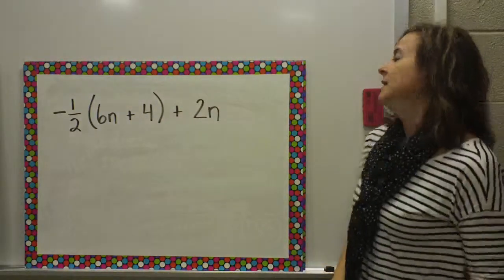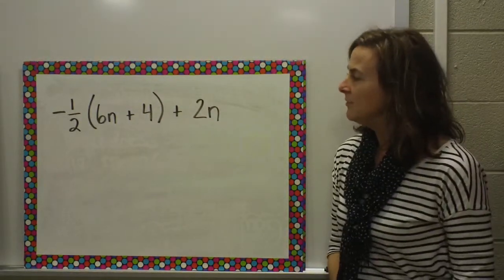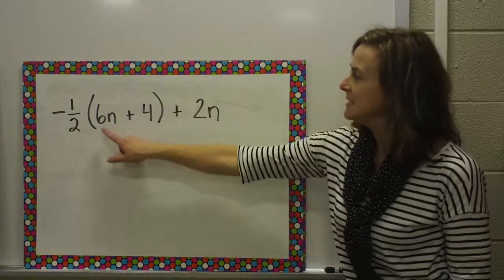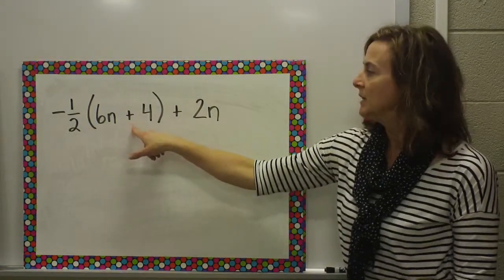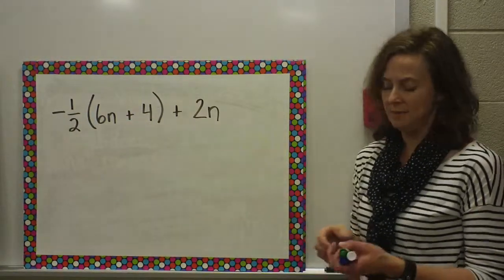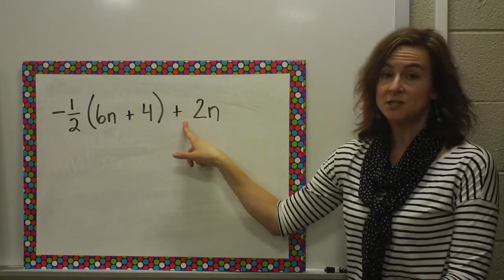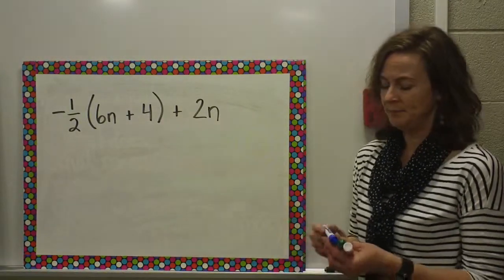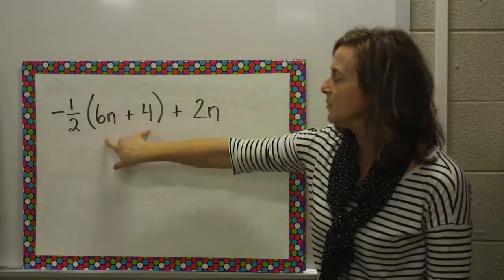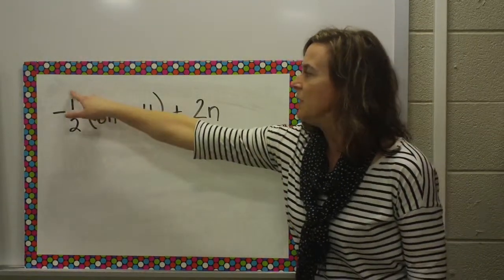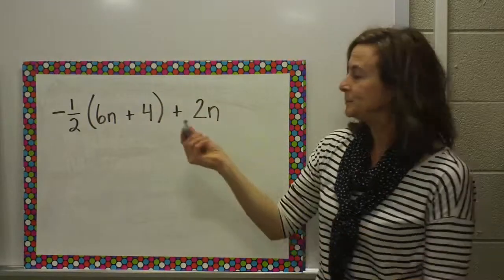In the next problem, I have negative 1/2, parentheses, 6n plus 4 plus 2n. So the first thing I'm going to do is check. I have no subtraction, so I don't have to rewrite. But I do have these parentheses, and so I'm going to distribute.